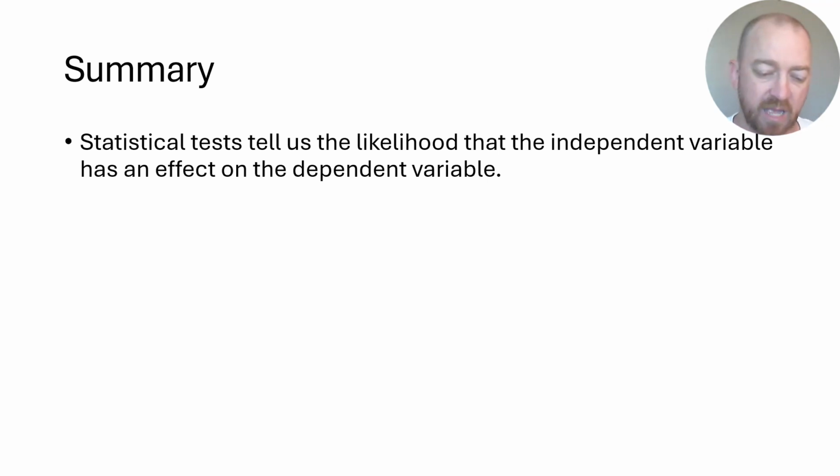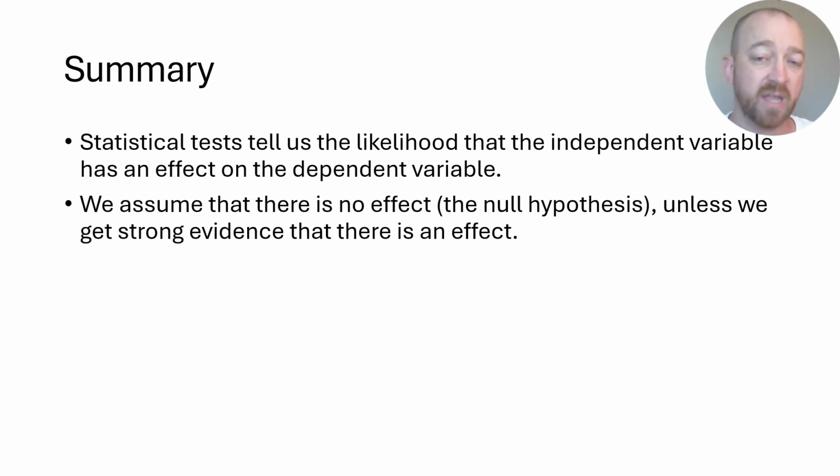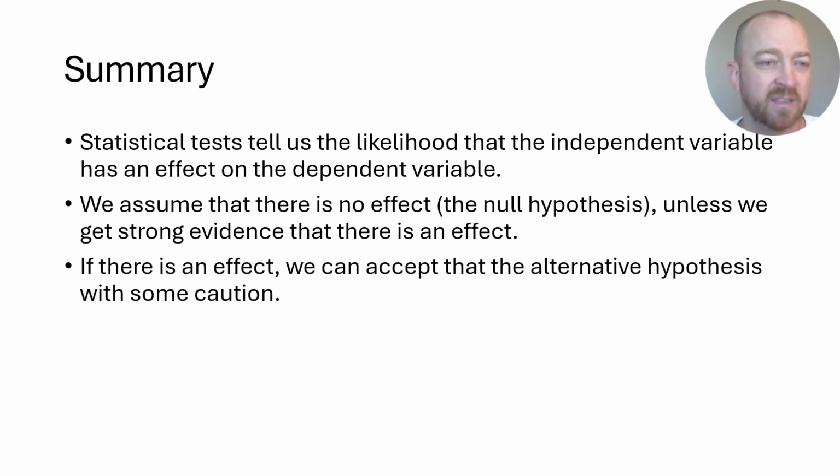So once again, a recap: the statistical tests tell us the likelihood that an independent variable has an effect on the dependent variable. And we start off with the assumption that there is no effect, but if we get strong evidence that there is an effect, then we can go ahead and relatively safely reject our null hypothesis, or overturn our null hypothesis, if you like that term.